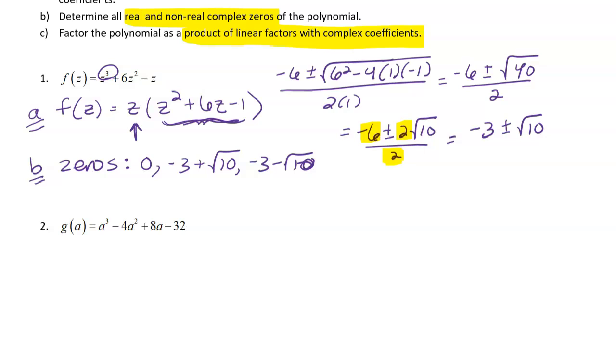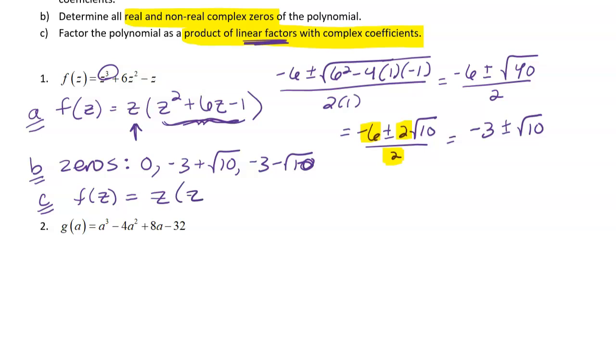Then part C says write the polynomial as a product of linear factors. Linear factors means that we're going to write this in what we call root form, where you write a factor for each one of your zeros. So I have z, that was my first factor that gave me the zero of 0.